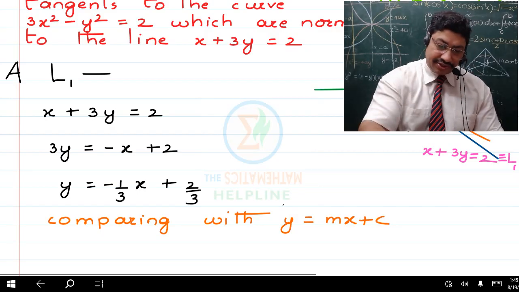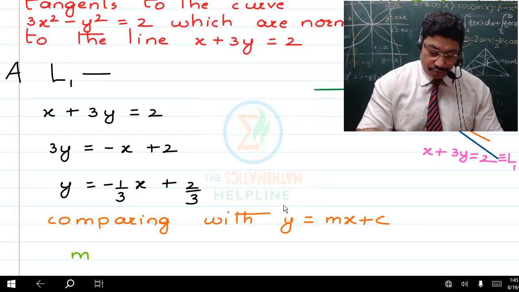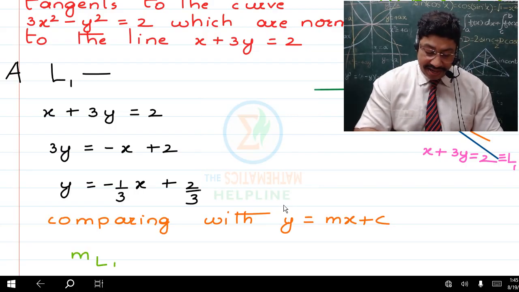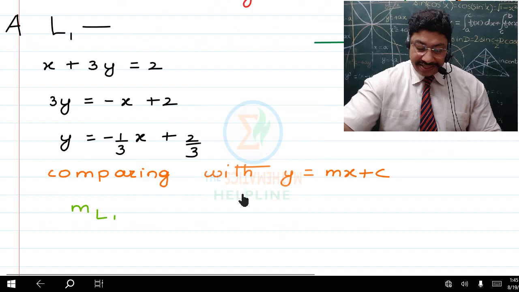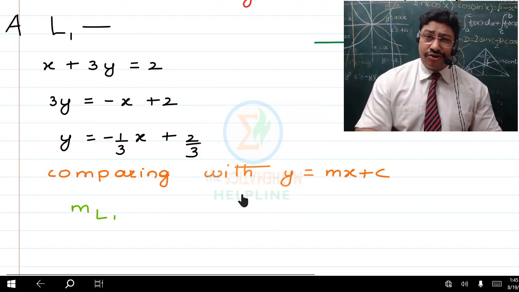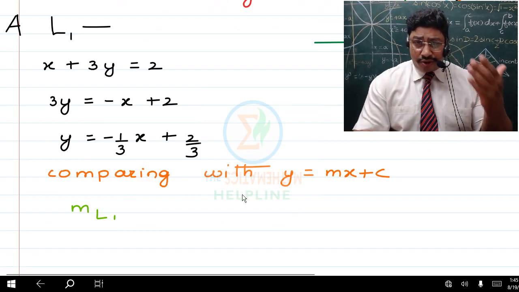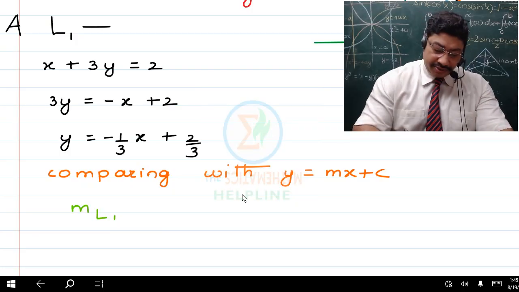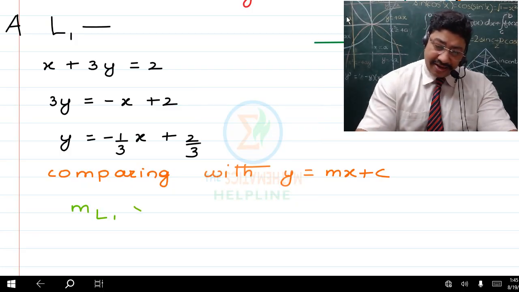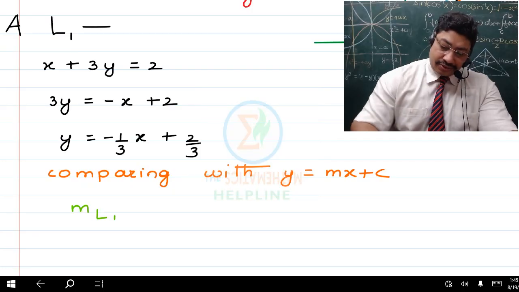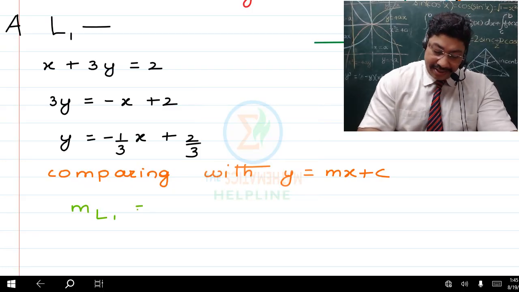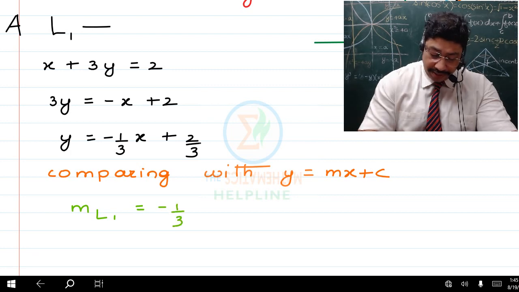And children, the slope of this straight line L1, which is actually perpendicular to the required tangent, first let's write the value, and then we'll talk about the rest. So we can say that m of L1 is equal to how much? It's equal to minus 1 upon 3, right?